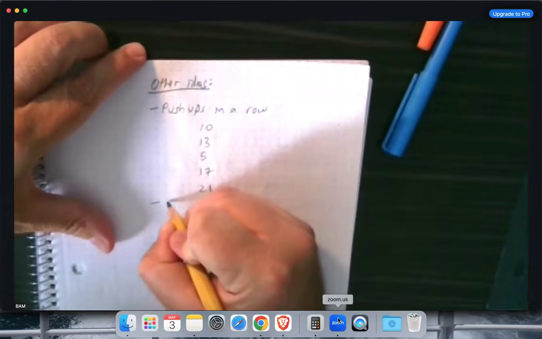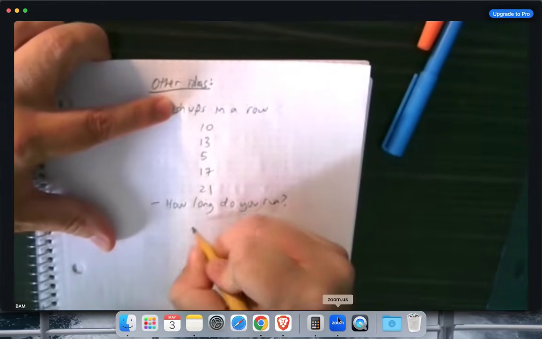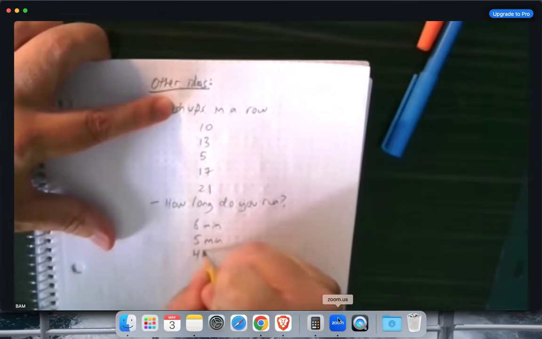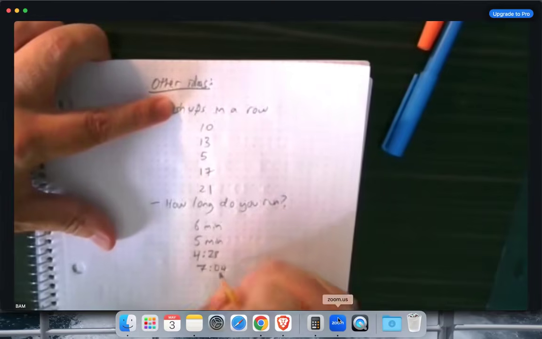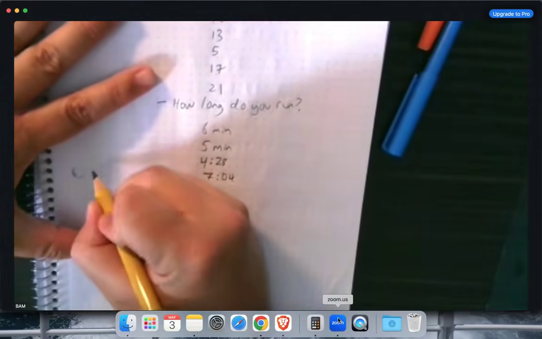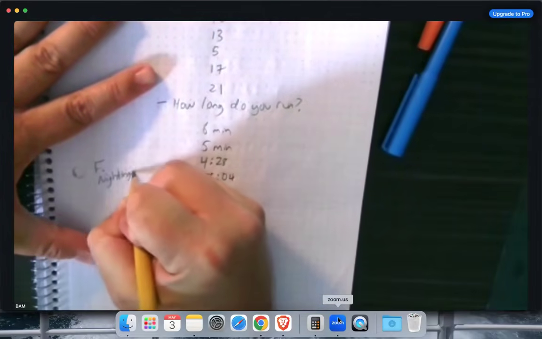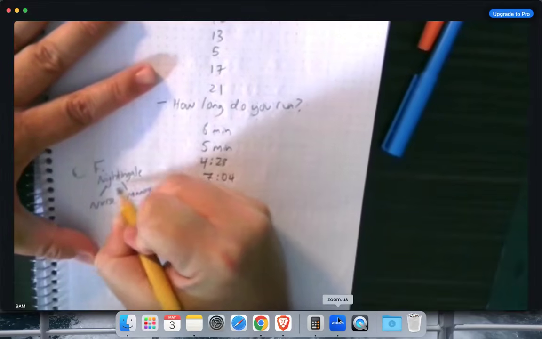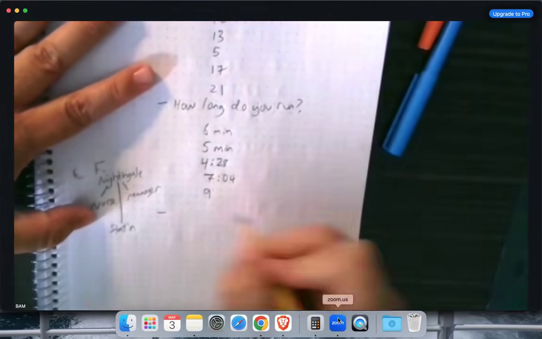You could do for how long do you run? 6 minutes, 5 minutes, 4 minutes and 28 seconds, 7 minutes and 4 seconds, and 9 minutes. But it doesn't have to be about health because Florence Nightingale not only was a nurse, but she was also a manager and a statistician.